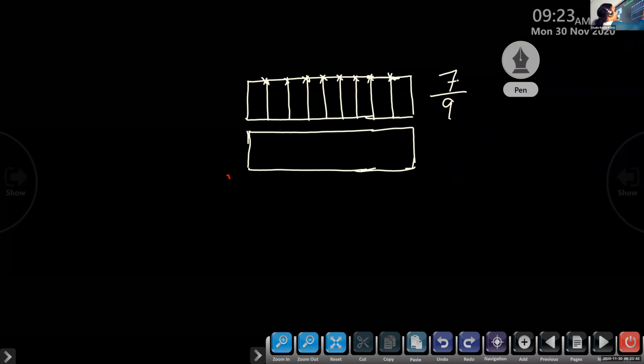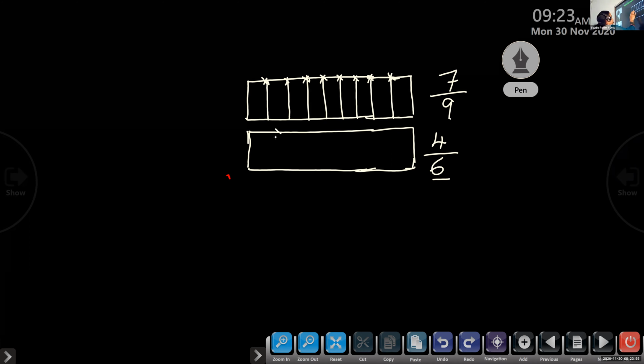The next one is 4 by 6. So the second picture we have to make how many parts? 6 parts. So first we find equal parts: 1, 2, 3, 4, 5, 6 parts.